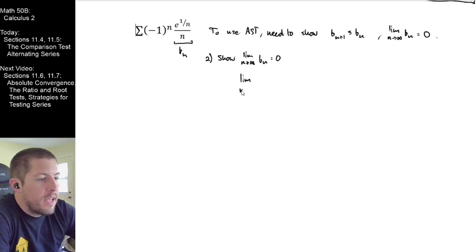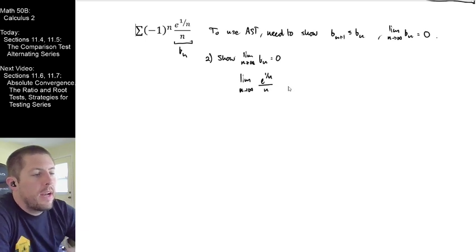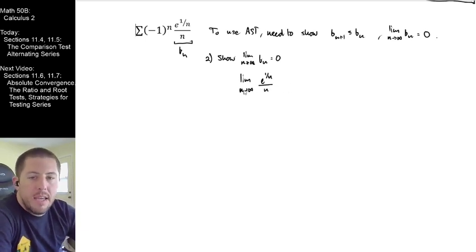Limit as n goes to infinity of e to the 1 over n over n. Now what I'm thinking here is as n gets infinitely large, 1 over n gets infinitely small, right? This is converging to 0.